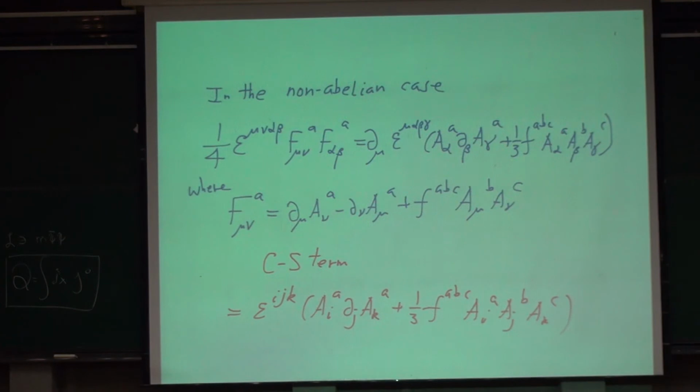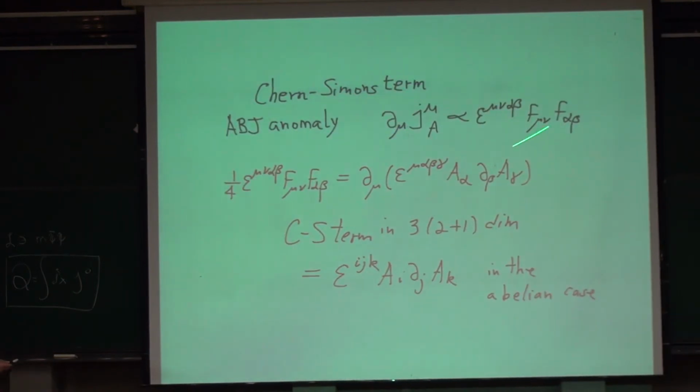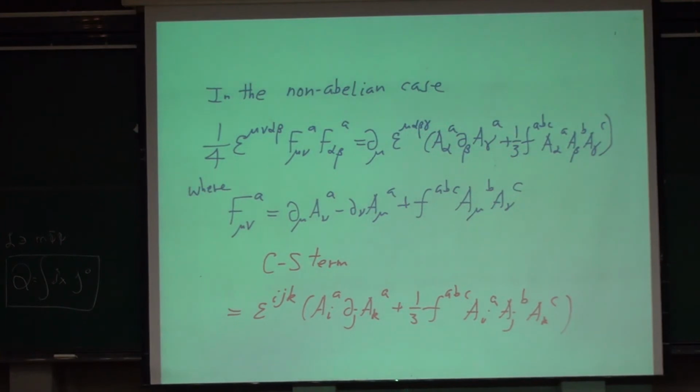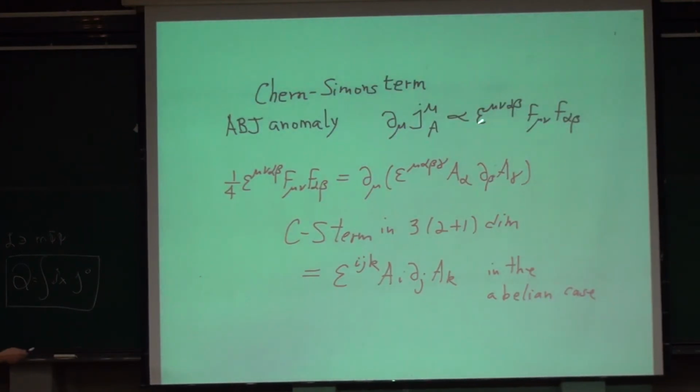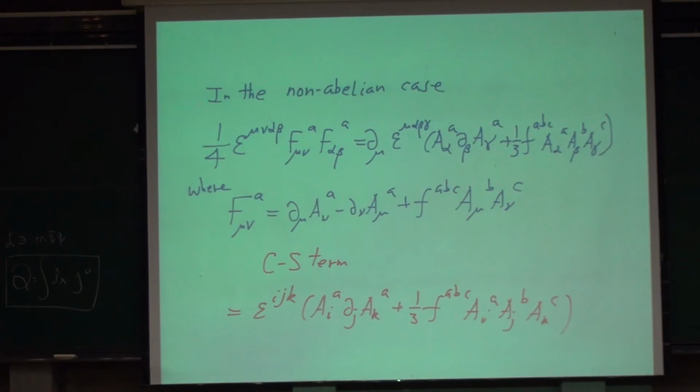That was the abelian case. If we look at the non-abelian case, this formula can also be extended to it. In the non-abelian case, F mu nu will carry an extra index, the group index.